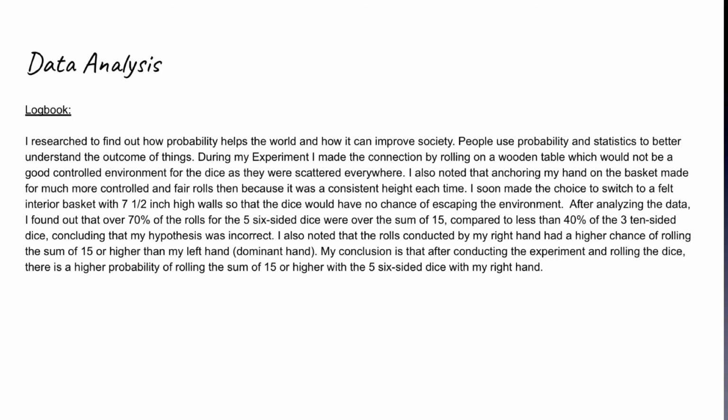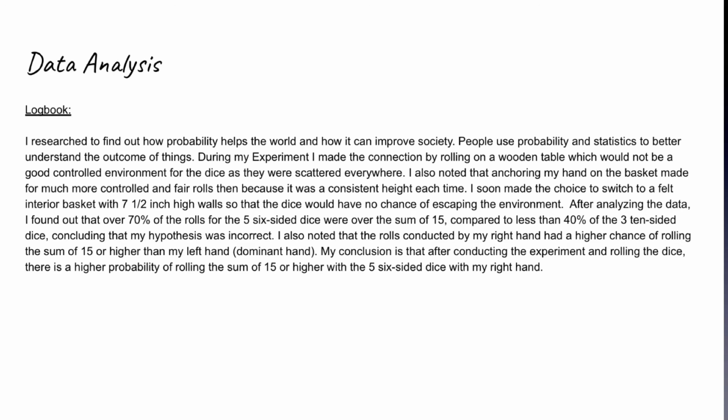Once all the data and graphs were collected, I analyzed the data. I found out that the probability of rolling a sum of 15 or higher with the 5 6-sided dice was 77%.